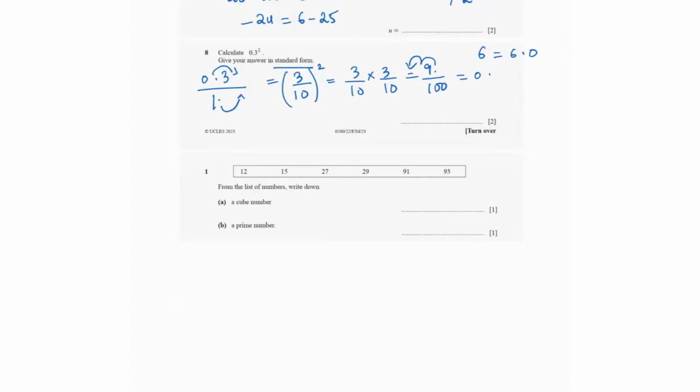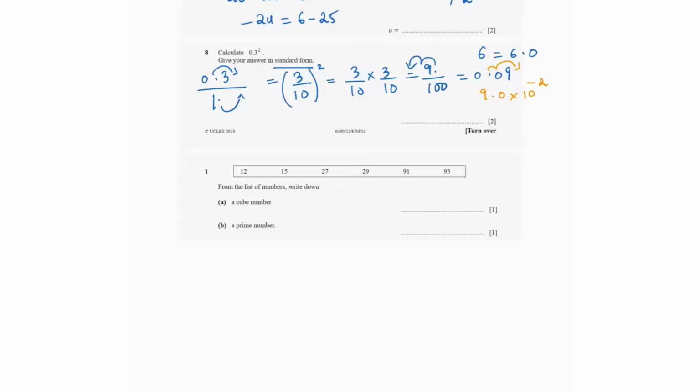So that's 0.09. And in standard form, again, we know that the decimal needs to come after the first non-zero digit. So 1, 2. So that's 9.0 times 10 to the power of negative 2. We move the decimal 2 places to the right-hand side, so the power of 10 is going to be negative.